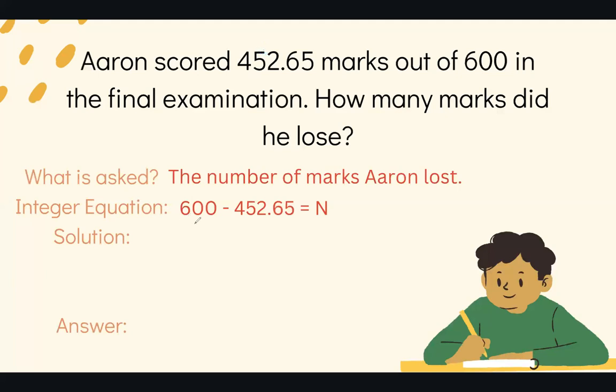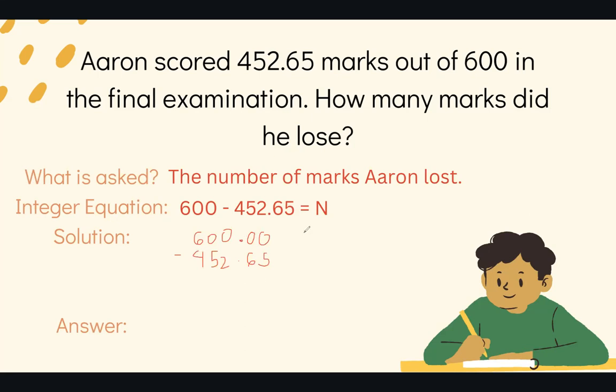For your solution, make sure to write these numbers in a vertical form. So that is 600 minus 452.65. Since you have decimal numbers here, also add 2 zeros with a decimal point in our whole number.